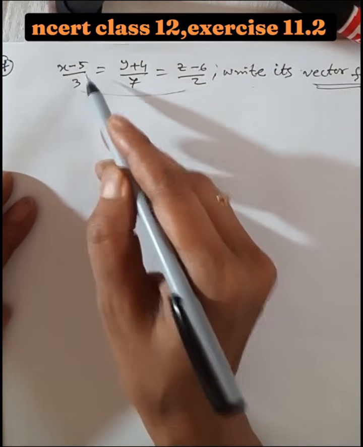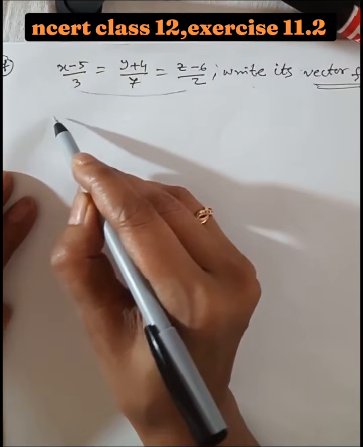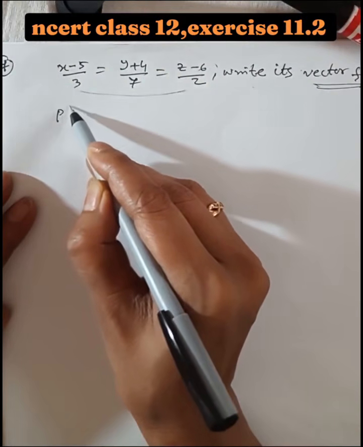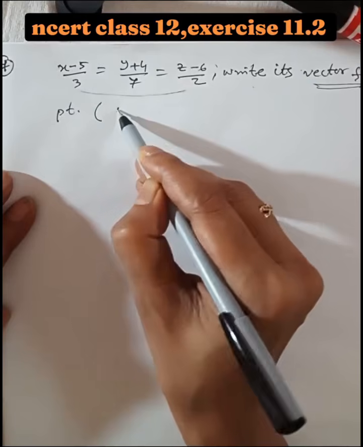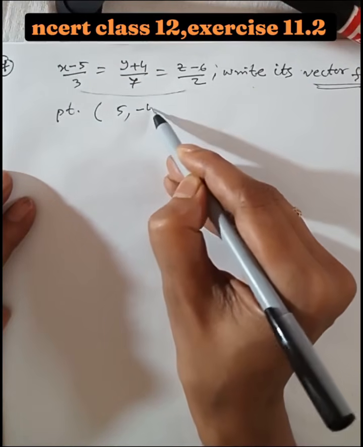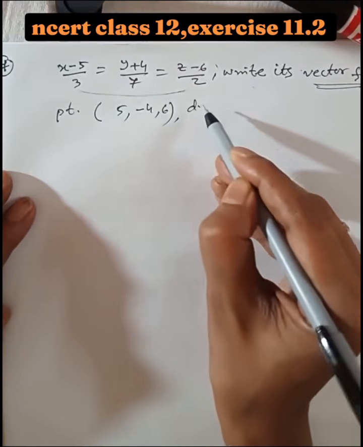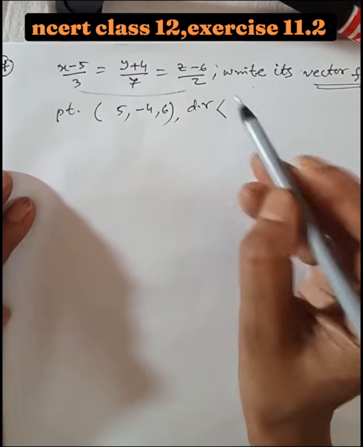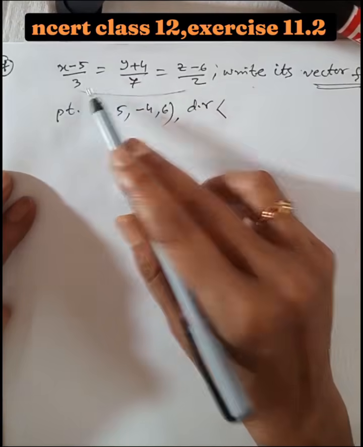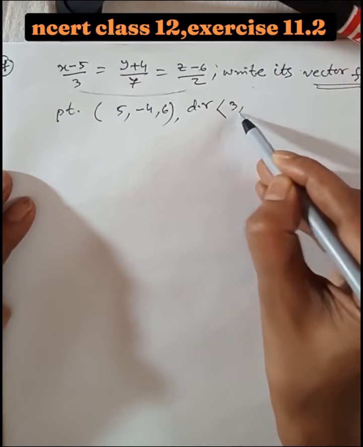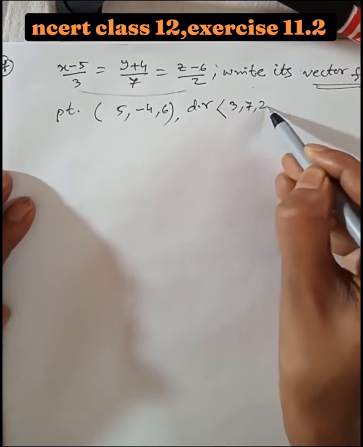Here the line passes through the point (5, -4, 6) and the direction ratio of the given line is (3, 7, 2).